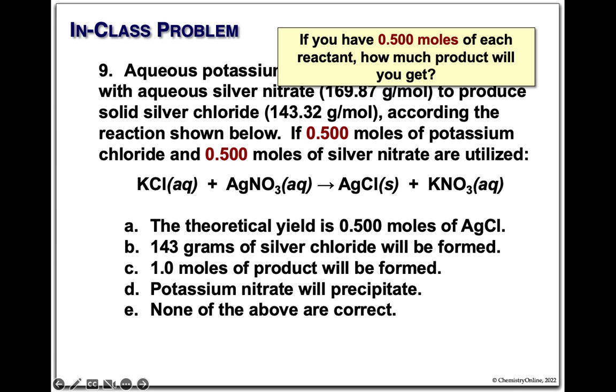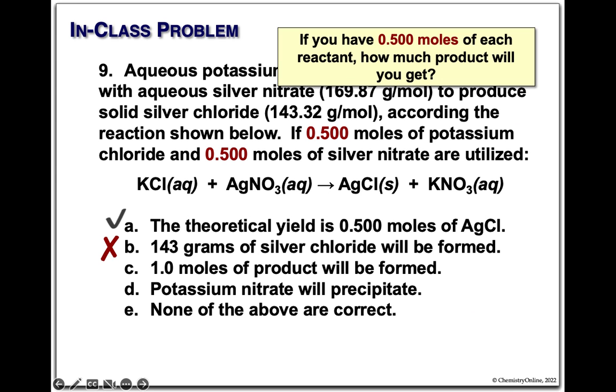Yeah, that sounds good to me. 143 grams of silver chloride will be formed. Well, the molar mass of silver chloride is 143 per mole. But we're only going to get half a mole, aren't we? So we only get half of that. 1 mole of product will be formed.